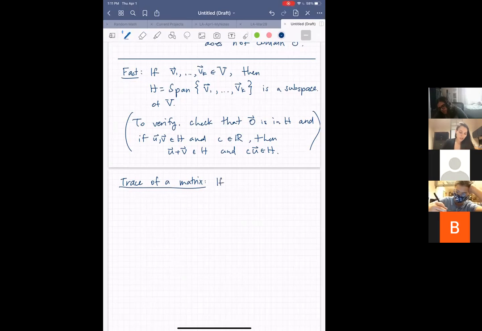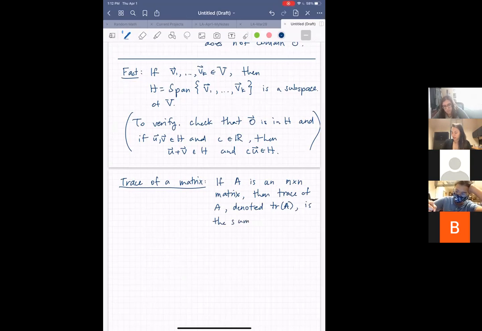So if you have an n by n matrix A, then the trace of A, denoted tr(A), is the sum of the diagonal entries.